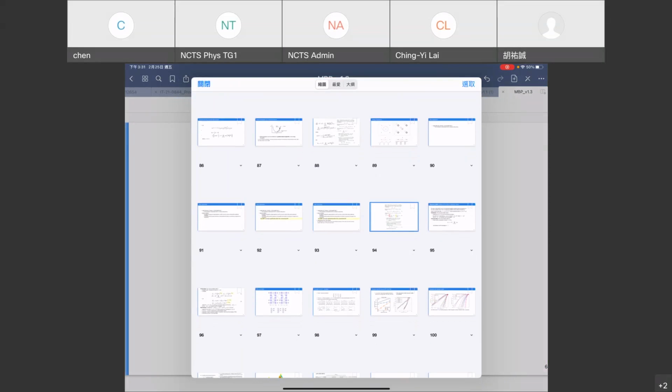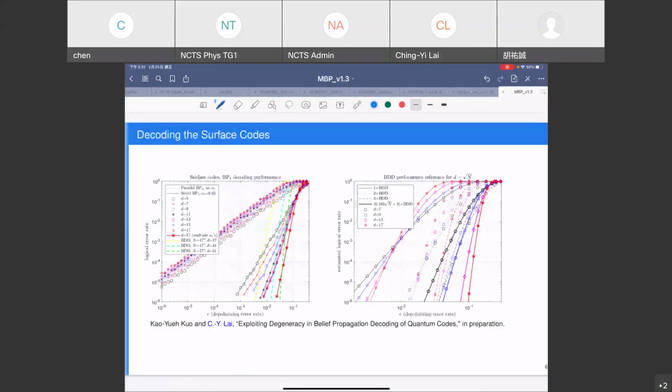So let me show you the final results. This is the surface code I just mentioned. I tell you that if you naively apply the BP, you get this performance. But if you use our new algorithms, you get this performance curve like this one here.